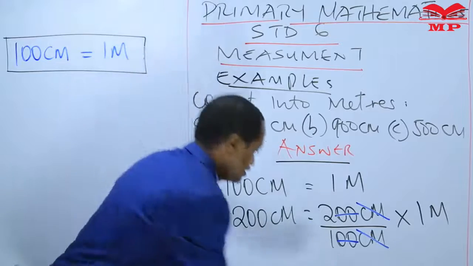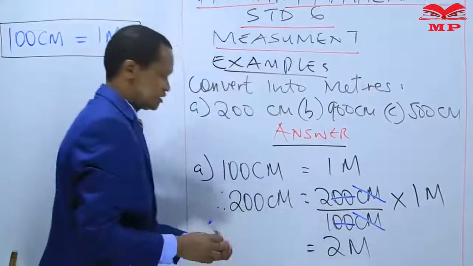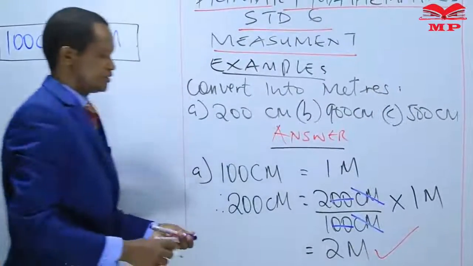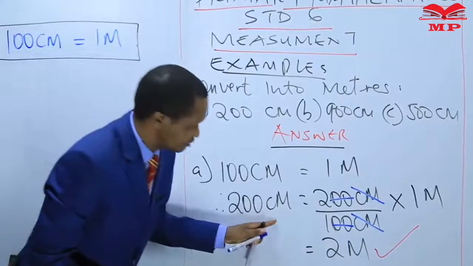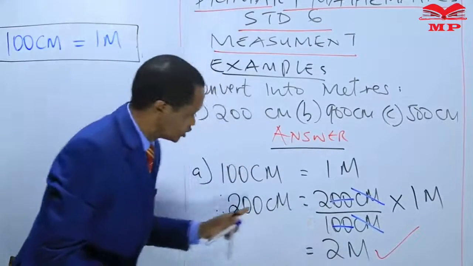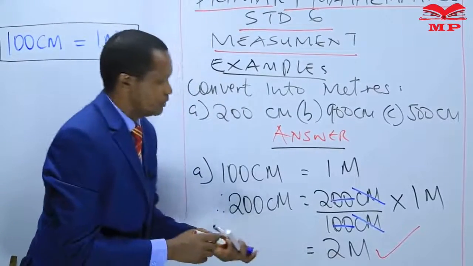So the answer here is 2 meters. That is correct. 200 centimeters is equal to 2 meters.